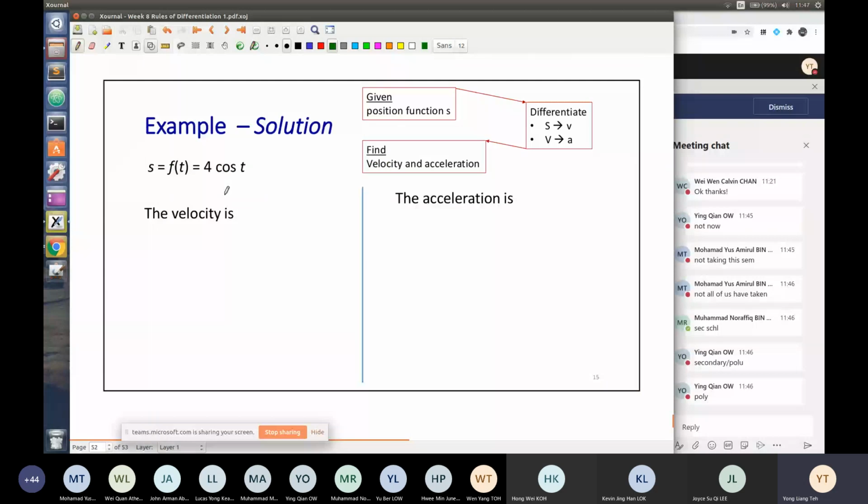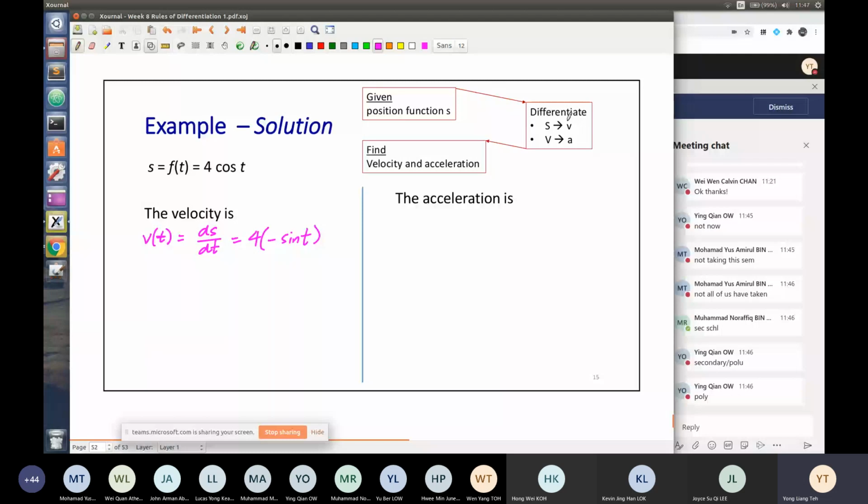So hence, velocity v of t is ds/dt. Just differentiate this 4 cosine t as a function of t, which is really no big deal. This 4 is a constant, so you just let it be, and then differentiate cosine t, so you get minus sine t. Differentiate s, you get v.